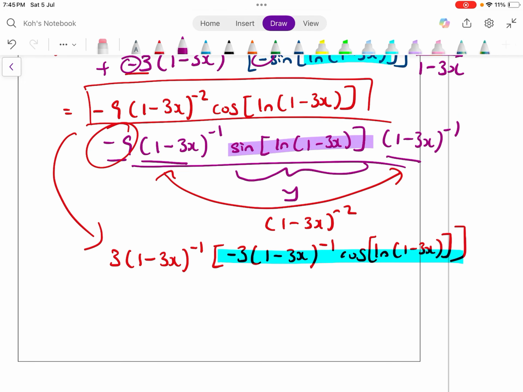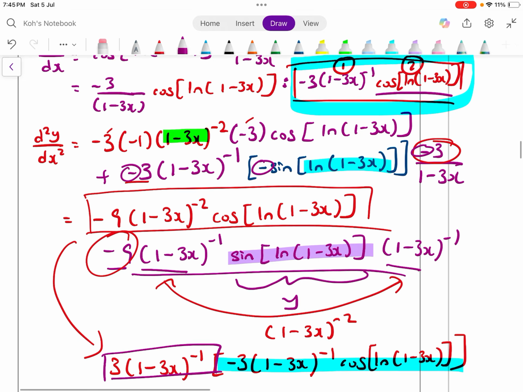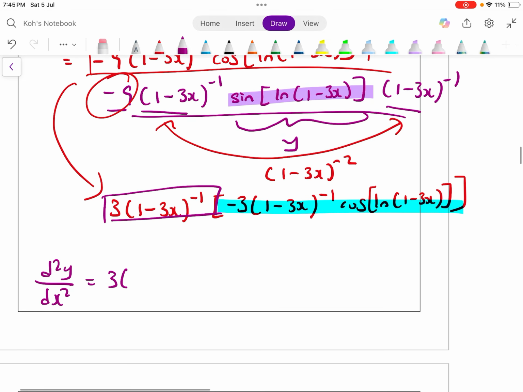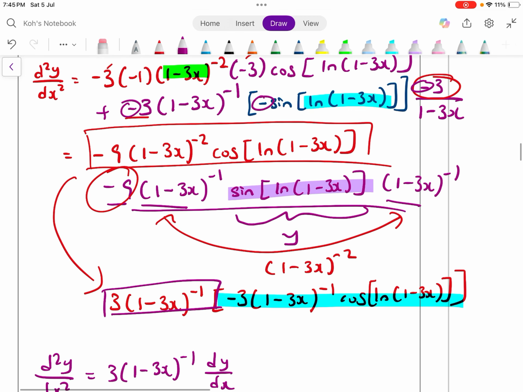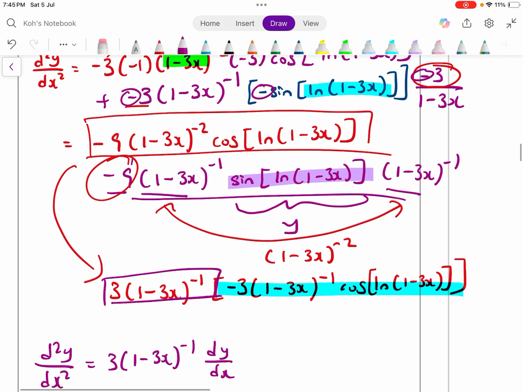So I'll be left with still this term right here. So let me just write down d²y/dx² is equal to 3(1 minus 3x) to the power of minus 1, then here is dy/dx. Then of course still got the second part, right? Second part I'm left with minus 9. Then of course I do the manipulation.